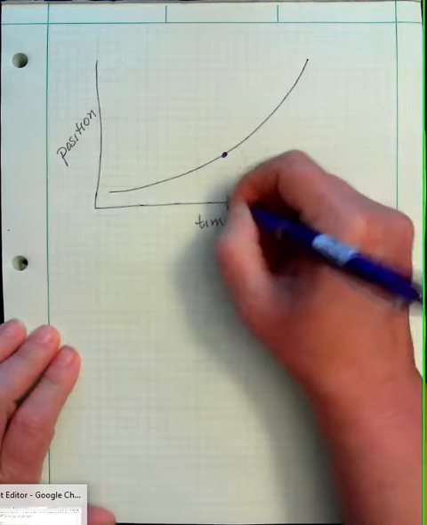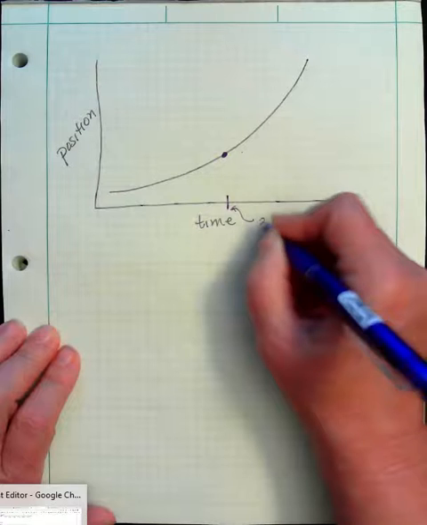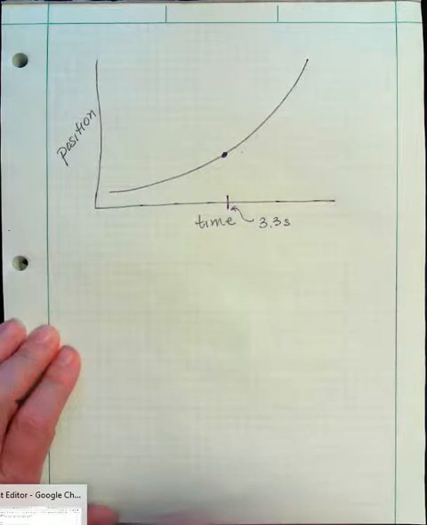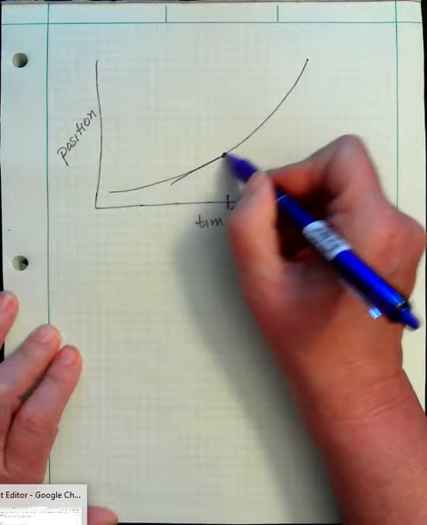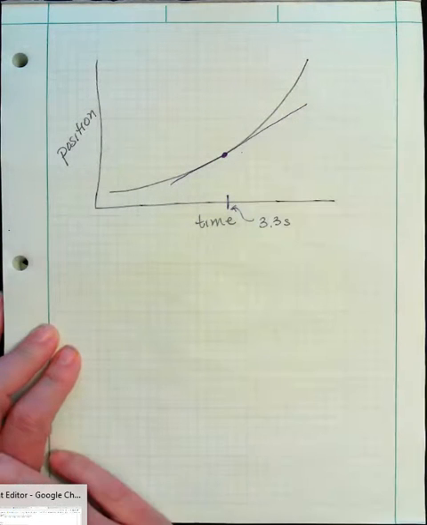Our problem tells us that point is 3.3 seconds. Basically, I am looking at the slope of the curve at that point.